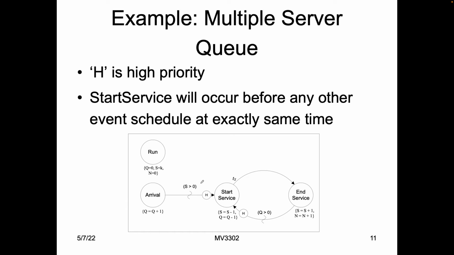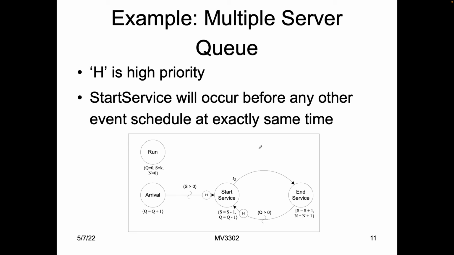And the reason for that is, if we use continuous random variables, then the chances of an exact time tie between, let's say, an end service event and a start service event that had been scheduled from the arrival event is negligible. And by negligible, I mean in over 20 years, it's never happened once.